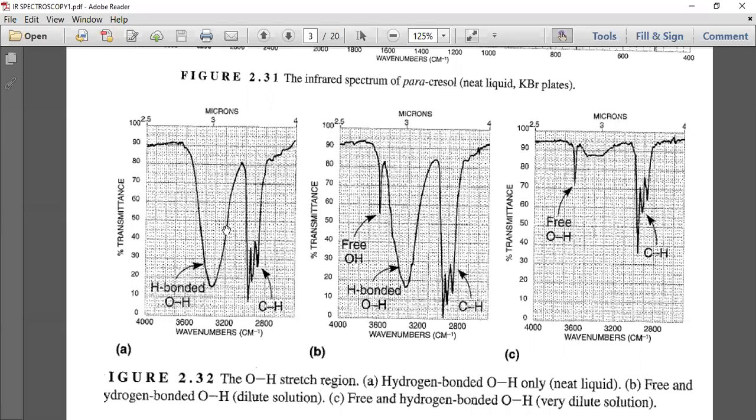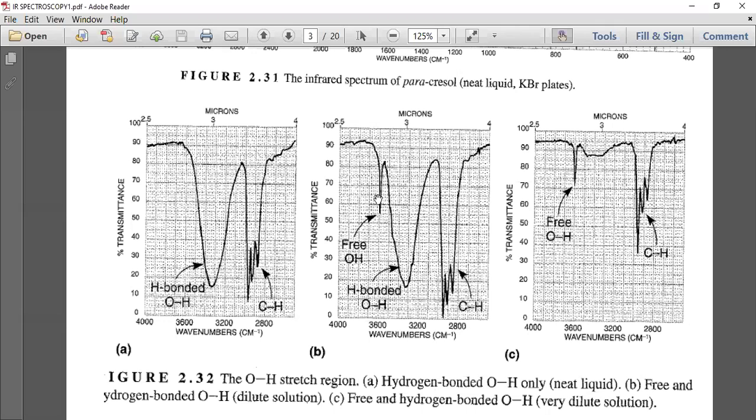When we take a concentrated sample of the alcohol, it possesses hydrogen bonding. So in a neat spectrum or in a concentrated solution, we get hydrogen bonded OH. But in a diluted solution, sometimes we may get hydrogen bonded, sometimes we may not, and in that case it gives a very sharp peak.